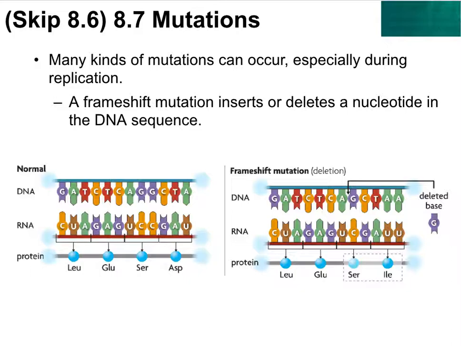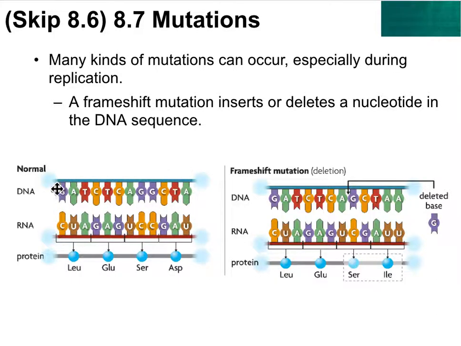So again, many types can occur. Another more common mutation is what we call a frame shift. And the name kind of helps explain it pretty well. In this case, you're going to insert or delete a nucleotide in the DNA sequence. Okay, so again, we're cruising along normal here like we did last time.